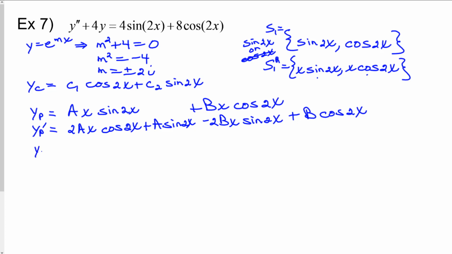All right, so y sub p double prime, because this is a second order differential equation that we're going to substitute into. All right, so carefully use your product rule again. 2ax times the derivative of cosine 2x is negative 4ax sine 2x. Then the derivative of the first factor is going to be 2a cosine 2x, but 2a cosine 2x is also the derivative of this term, so that's going to give us a total of 4a cosine 2x. Okay?